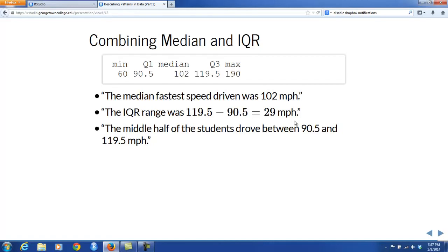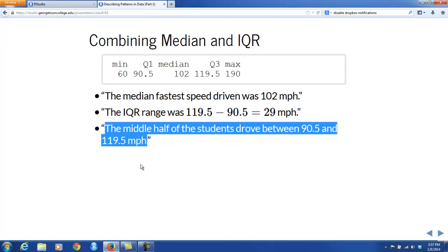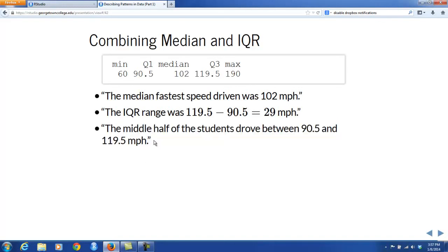And you can say the interquartile range was, and then you subtract third quartile minus the first, 29 miles per hour. Probably the most instructive way to put it, though, is in this final sentence. The middle half of the students drove between 90.5 and 119.5 miles per hour. That's a good way to talk about the spread.